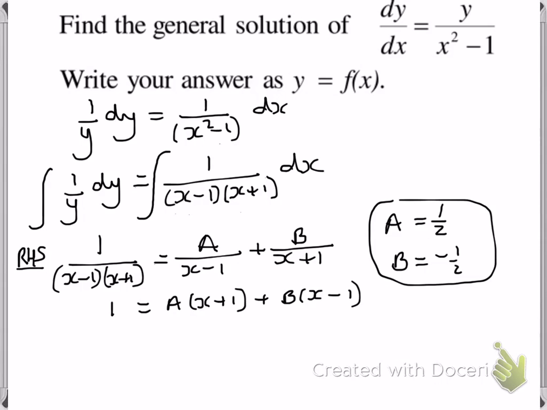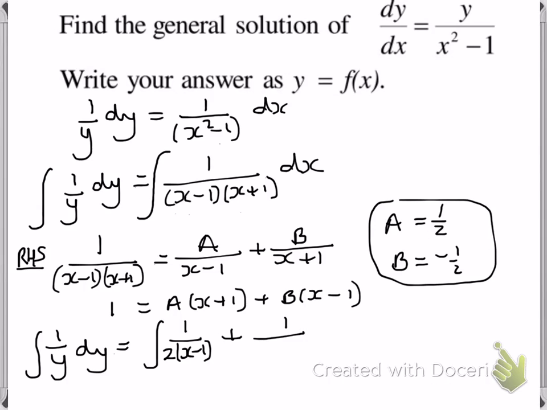So now I can say that the integral of 1 over y dy is equal to the integral of 1 over 2 times x minus 1, sorry, that should be a minus, because we're going to have minus b, minus 1 over 2 times x plus 1, with respect to x.